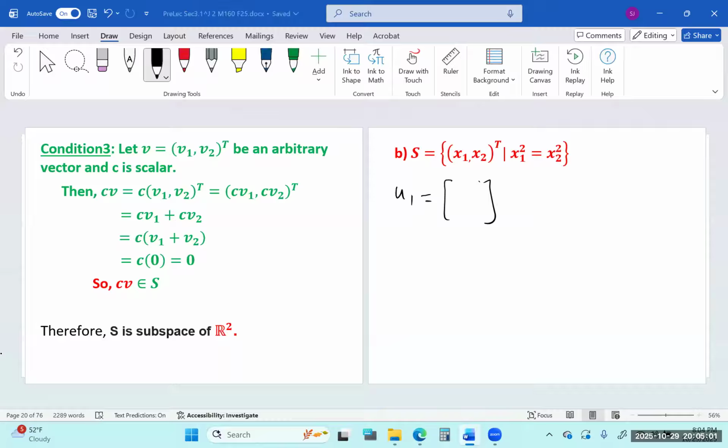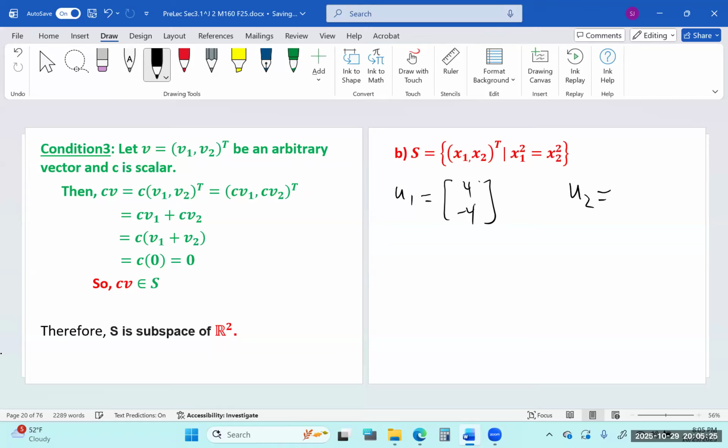The condition says their squares are the same, but it's 2 by 1 matrices. So it's like a negative 4 and a 4. Good. So 4, negative 4. They are not the same, but their squares are the same.